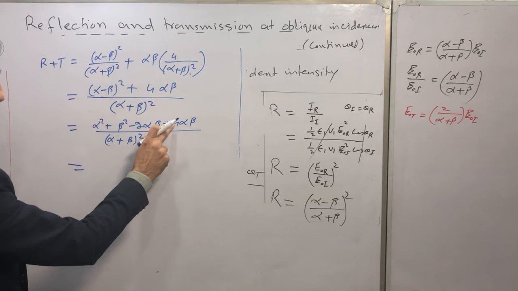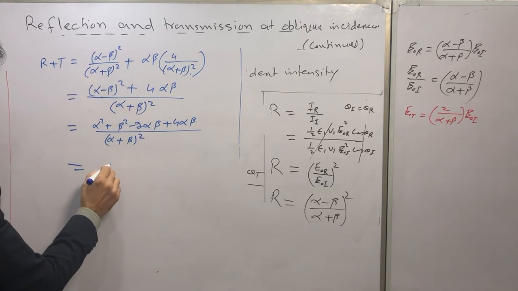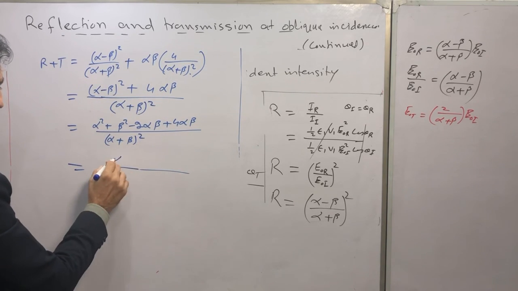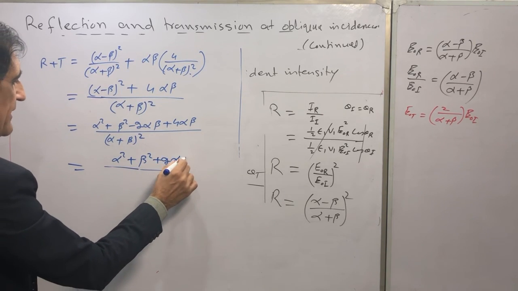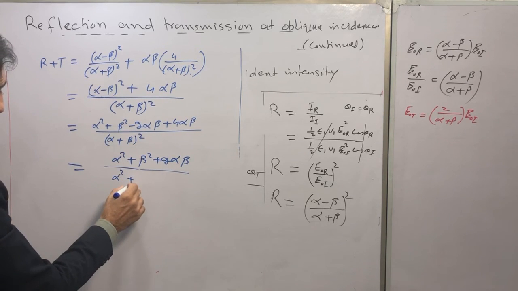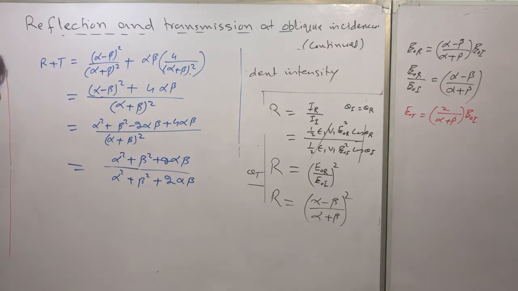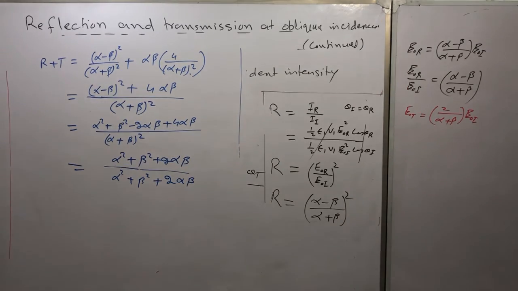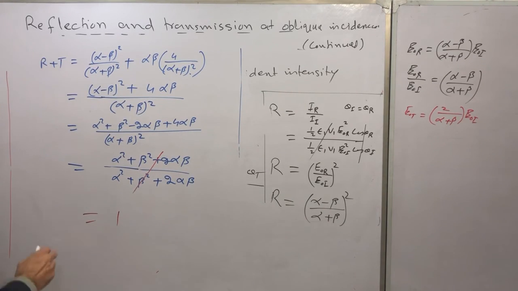Minus 2 alpha beta plus 4 alpha beta gives plus 2 alpha beta, then alpha square plus beta square plus 2 alpha beta, and this is alpha plus beta whole square. So this is also alpha square plus beta square plus 2 alpha beta, and these are equal and must be cancelled out, and we can get R plus T equal to 1.